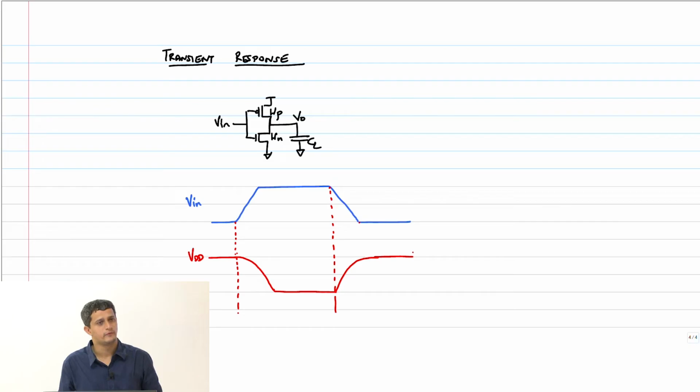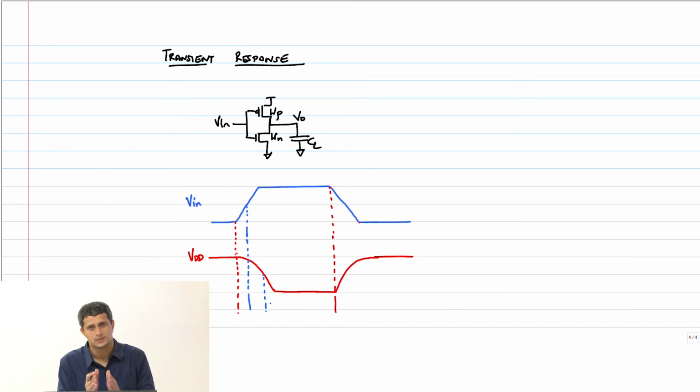Is this how it will be? Why? Okay, fine. So if you remember, this is the VDD by 2 point, right. So there is a delay clearly.